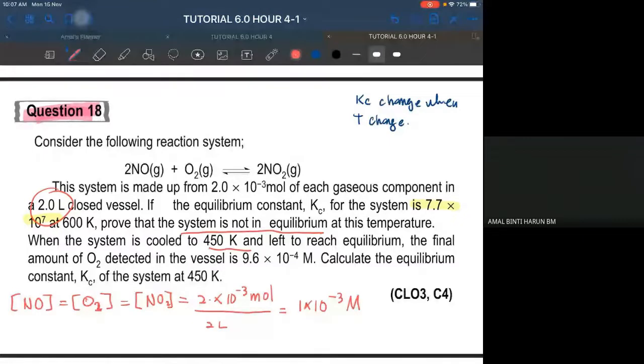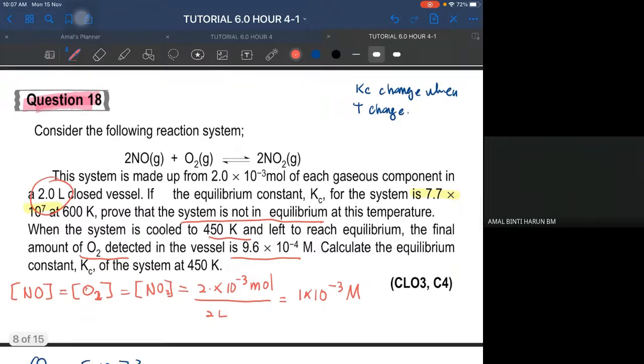And to reach the equilibrium, the amount of oxygen detected in the vessel is 6.1 and 9.6 exponent negative 4 molar. Bila dibiarkan untuk reach equilibrium, dia dah jadi concentration ni.